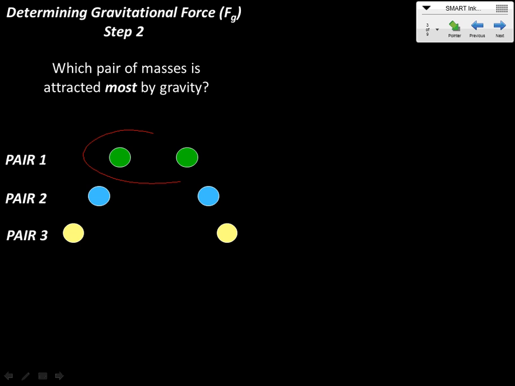The answer is pair 1. All right, and why is that? Well, because gravitational force is inversely proportional to what we call R. And R is separation of masses.